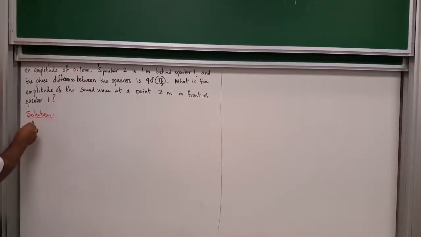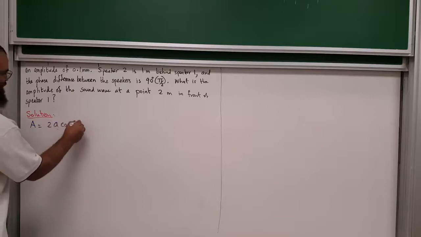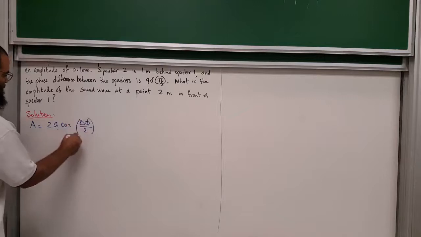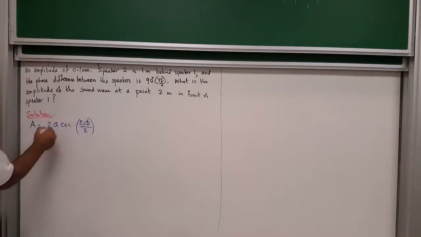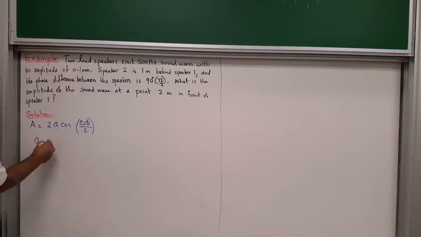The amplitude is equal to 2a times the cosine of delta phi over 2. And a here is 0.1 millimeters.